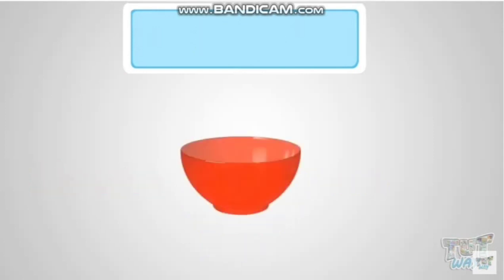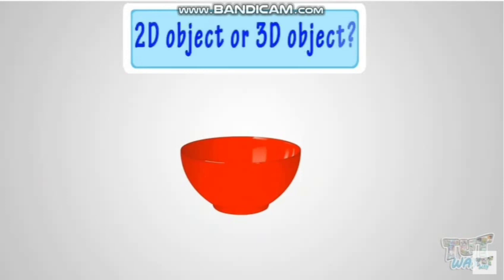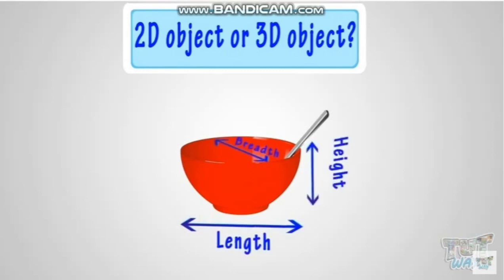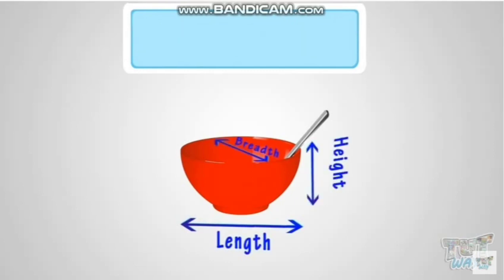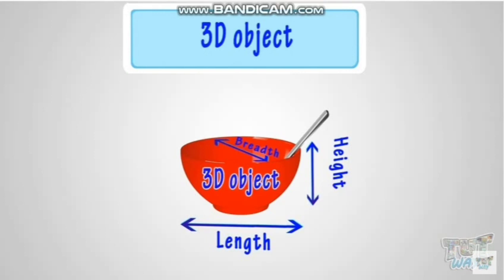Here we have another object. Now we have to tell, is it a 2D object or a 3D object? Can we put something in this object? Yes. And how many dimensions does it have? It has length, it has breadth, and it has height too. So it's a 3D object. Now we have one more object.